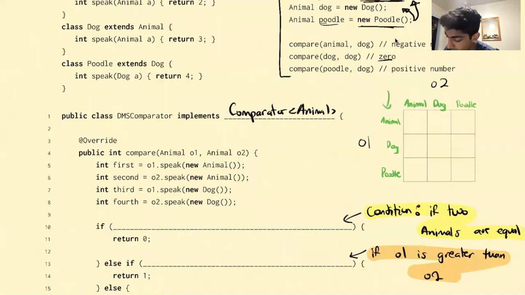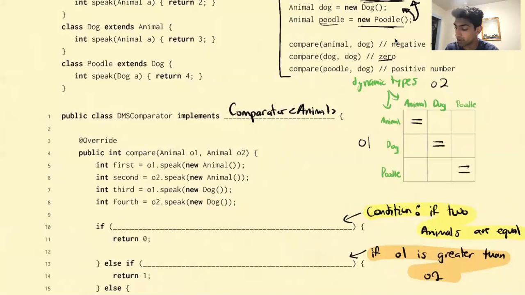So this corresponds to dynamic types. Looking at this chart, if O1 is equal to O2, there's one of three cases. Either they're both dynamic type animal, they're both dynamic type dog, or they're both dynamic type poodle.